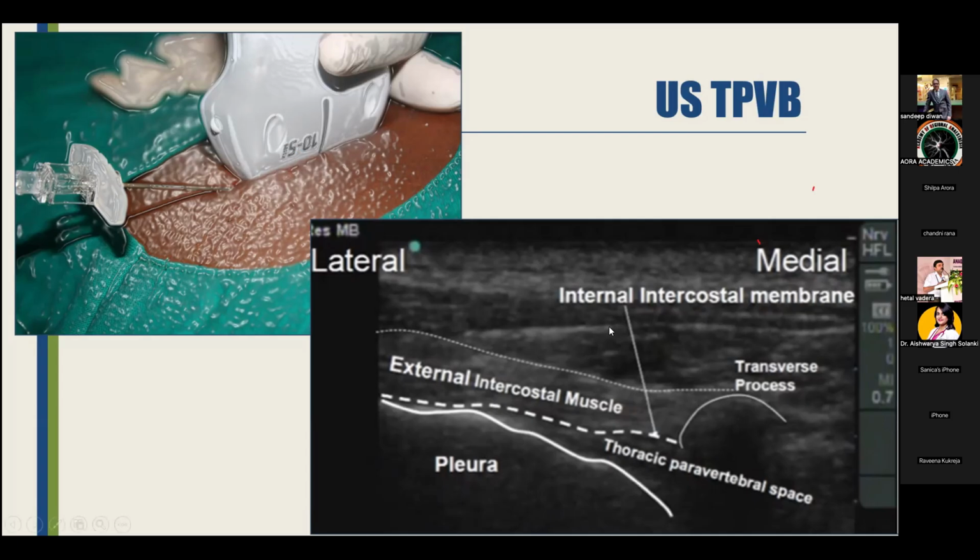So if you use the internal intercostal membrane as a landmark, then probably you are a bit more lateral. But if you're using the costotransverse ligament, then you're closer to the neuraxial space. So you need to penetrate either the internal intercostal membrane or the other, that is the superior costotransverse ligament.